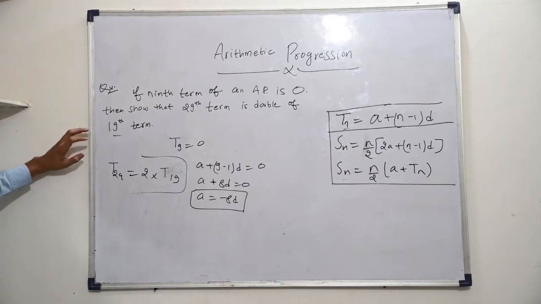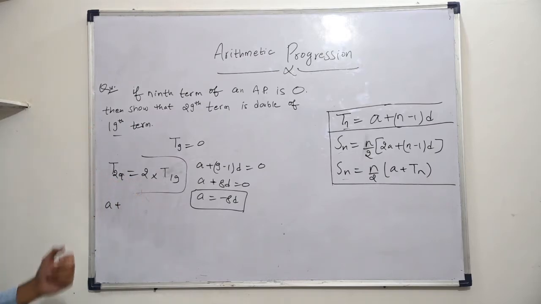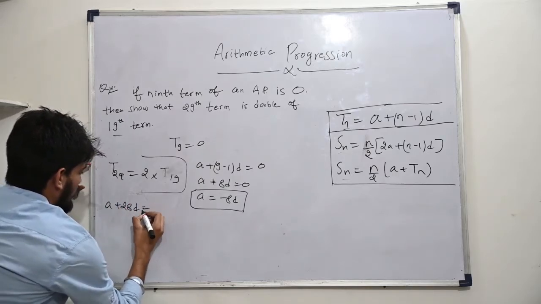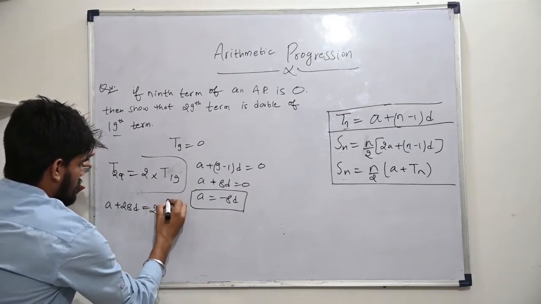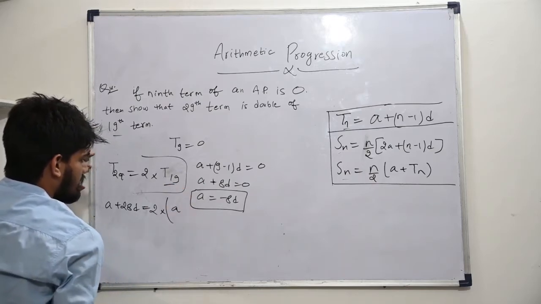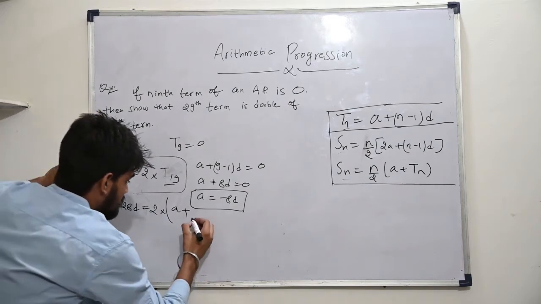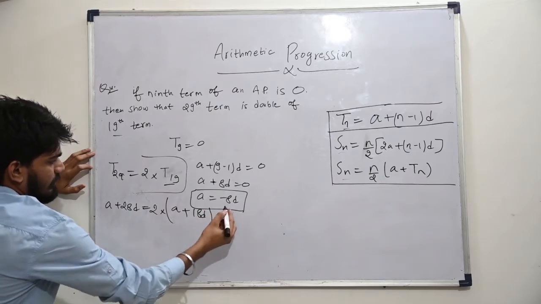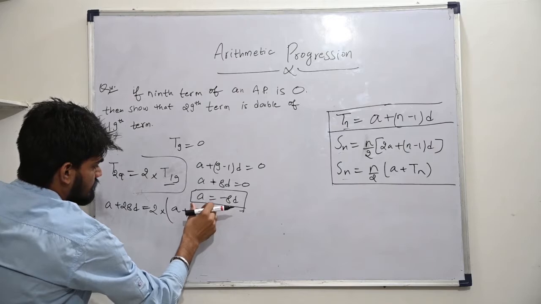When we put this here, first of all, T29, I can open it as a plus n minus 1 d. N minus 1 d means 28d. On the right hand side, 2 times, that's what I have to prove, T19, that is a plus n minus 1 d, that means 19 minus 1, 18. Alright. This a I can replace with minus 8d.